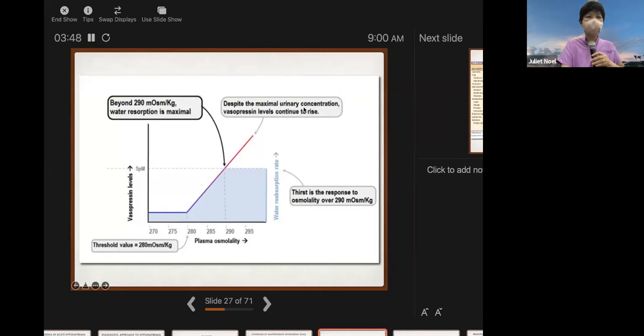Despite the maximal urinary concentration, vasopressin level continues to rise. Supposed to be when it goes up, this will shut down, but in SIADH, it continues to secrete. That's why it's called syndrome of inappropriate secretion of ADH.